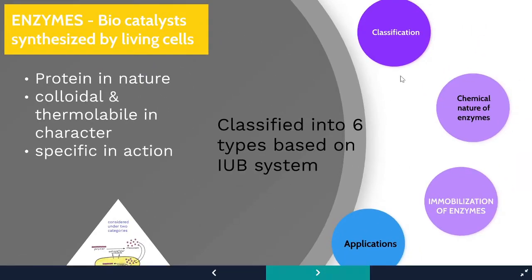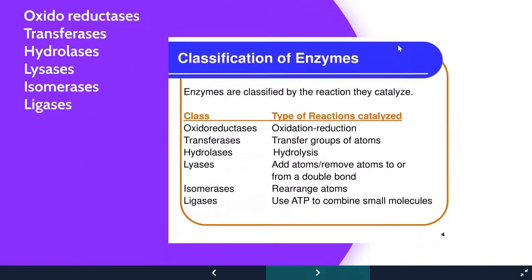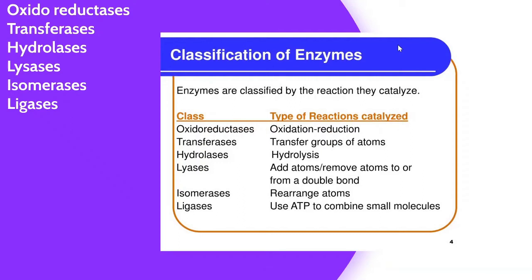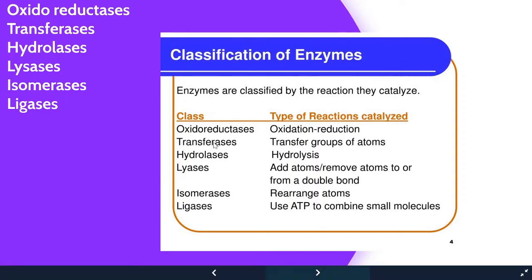Coming to the classification of enzymes, we have 6 classes of enzymes, classified based upon the general type of reaction that these enzymes catalyze. Oxidoreductases catalyze oxidation-reduction reactions.